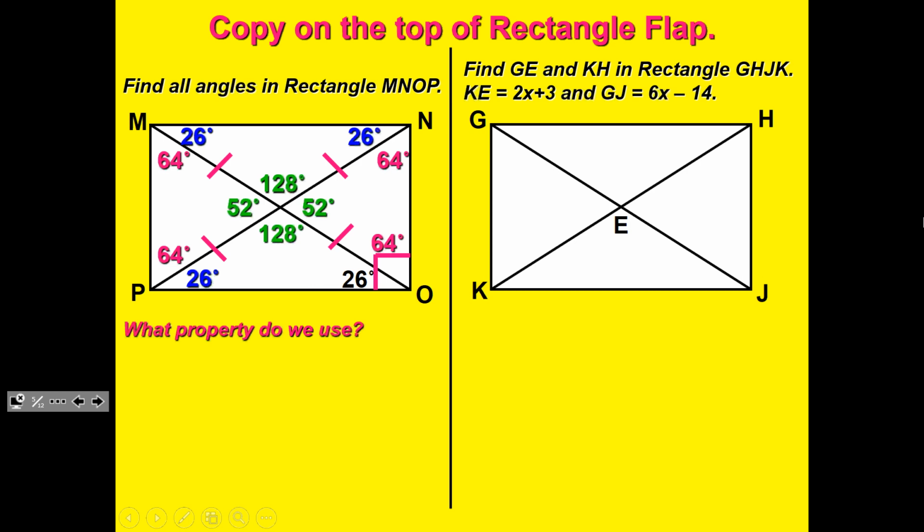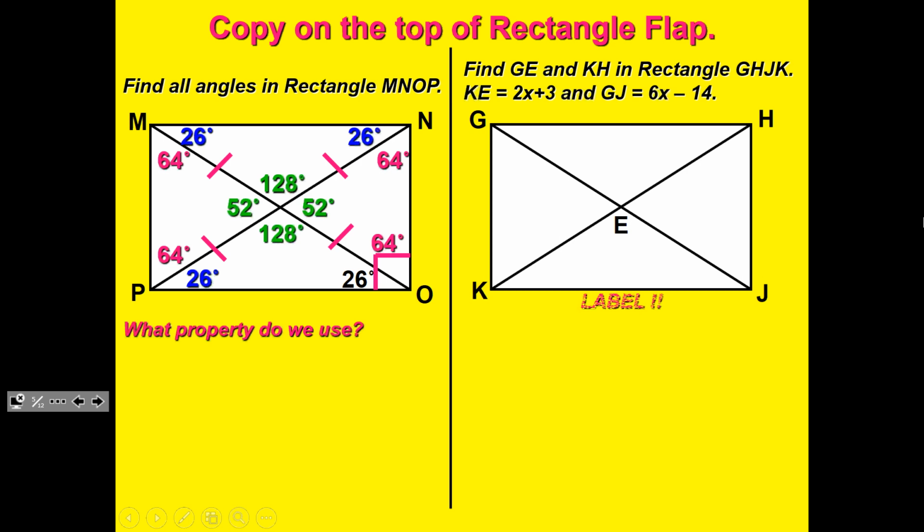All right, so we're going to need to solve for x in order to find GE and KH. So what could we set up so that we could solve for x? 4x plus 6, right? And how did you come up with 4x plus 6?